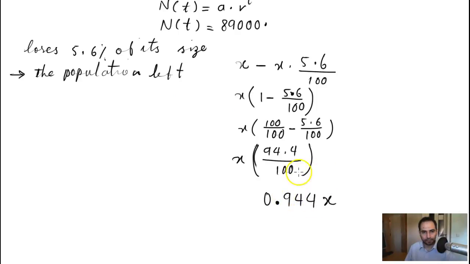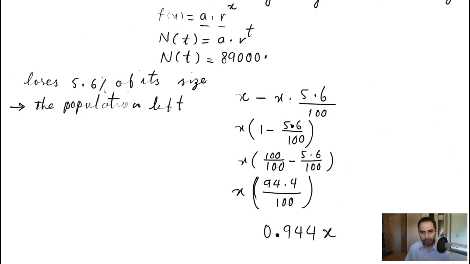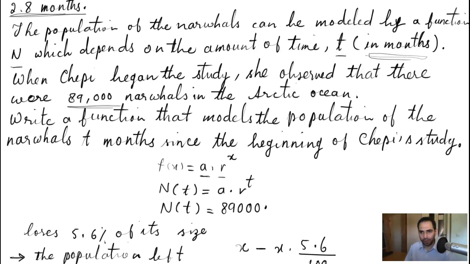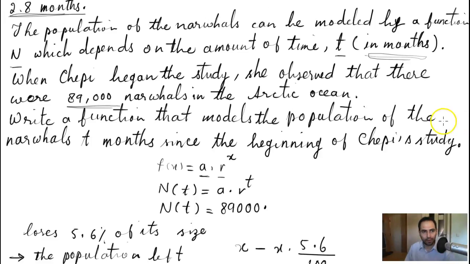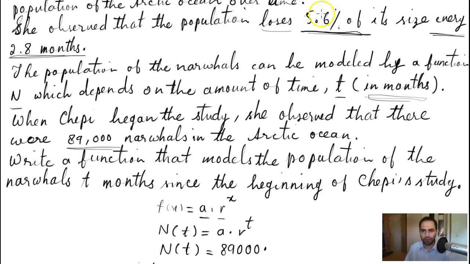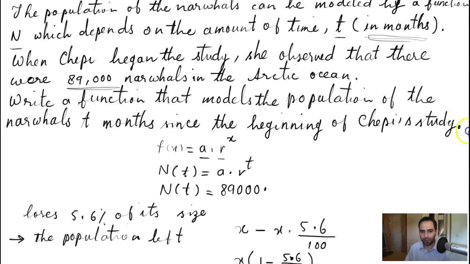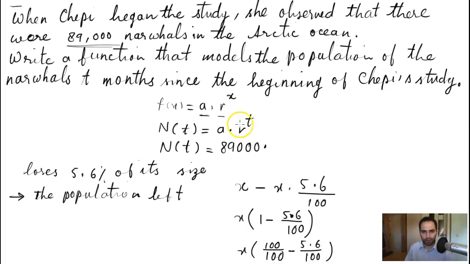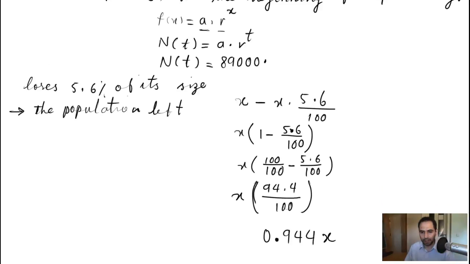So we were talking about this part here. Losing 5.6% was my r, so your r is 0.944.